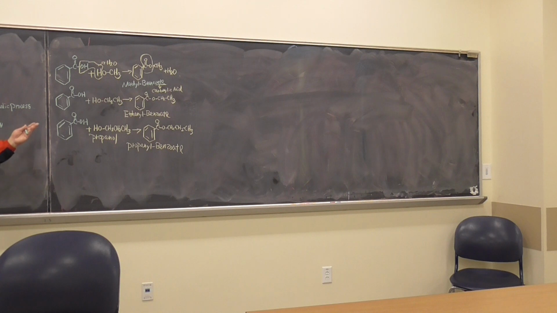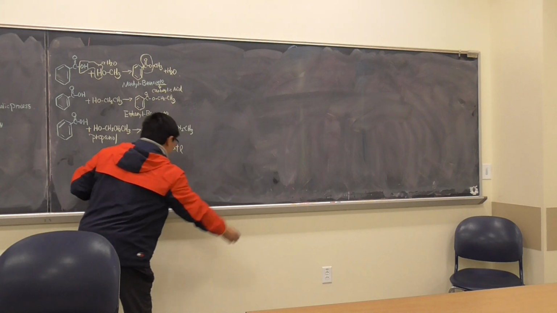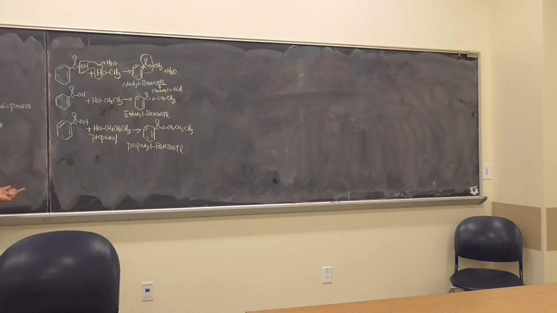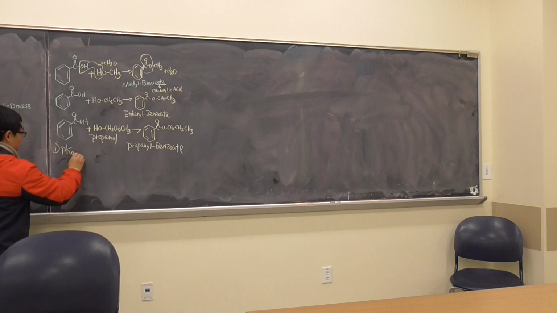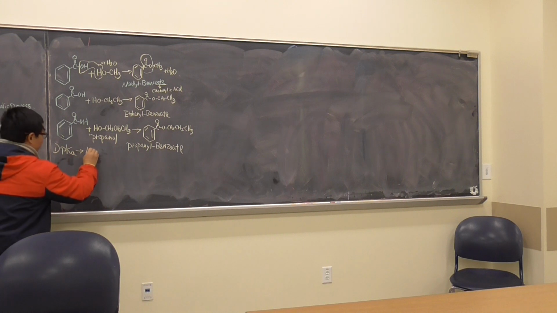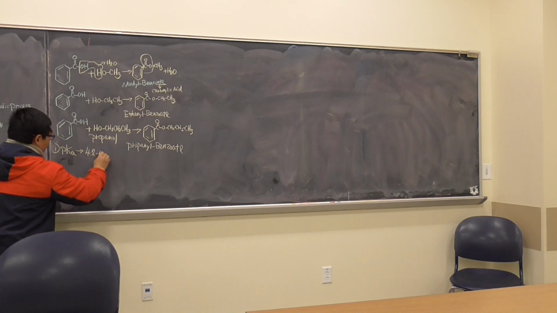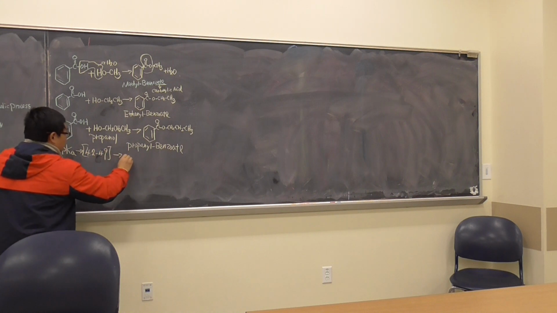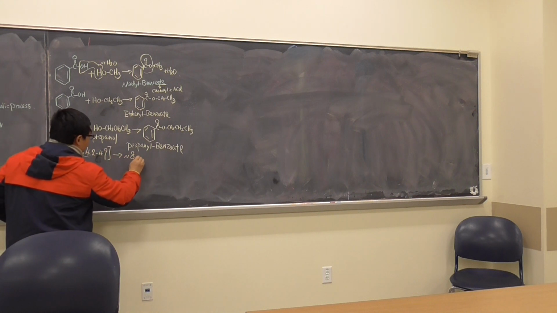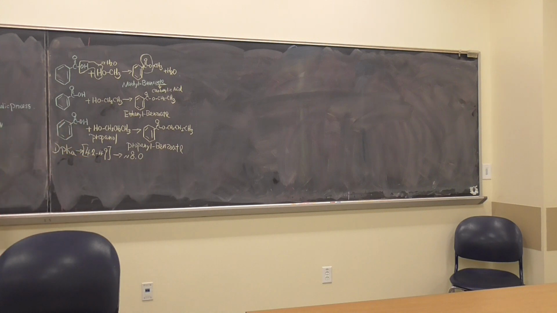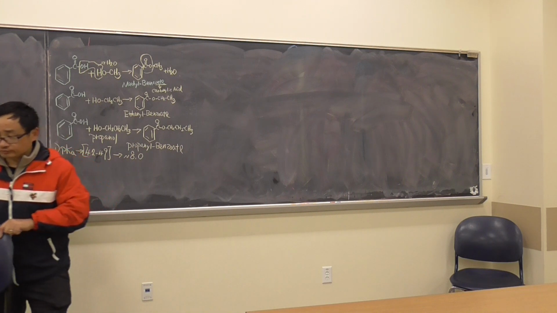So what's a good thing? We can do long and long, long and long. The chain could become longer and longer. What's a good thing? The pKa value could be increased from 4.2 to 4.9 range, all the way to close to 8.0. However, there is a bad thing.